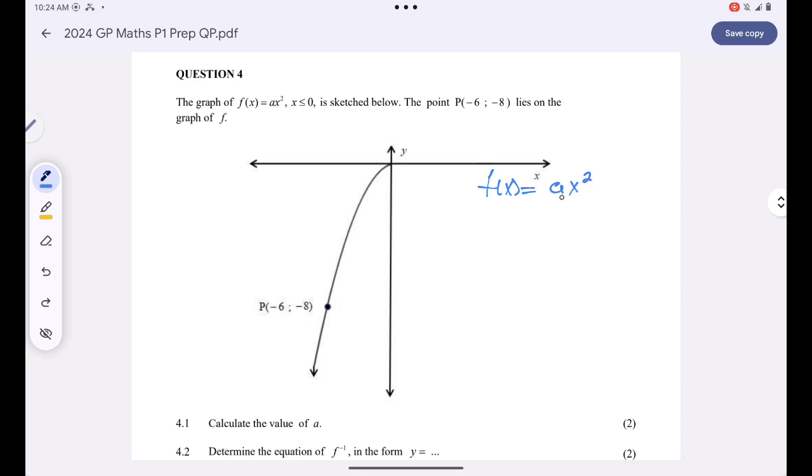For us to find the value of a, we can just substitute any point on the graph of f of x. I know that y is equal to -8 if and only if x is equal to -6. Together, I'll have -8 on the left hand side, and then I'll have 36 multiplied by a. If I divide both sides by 36, I'll end up having a being equal to -2 over 9.